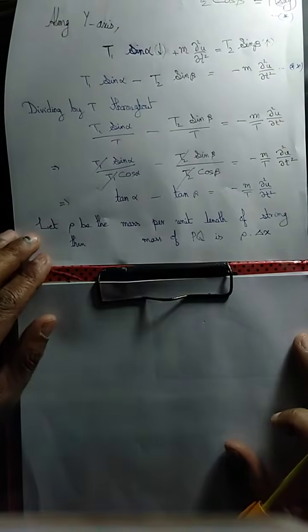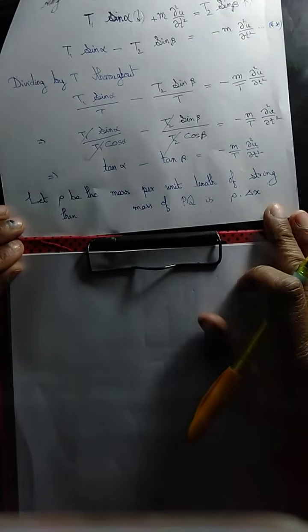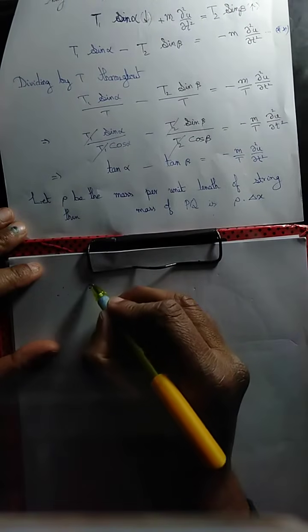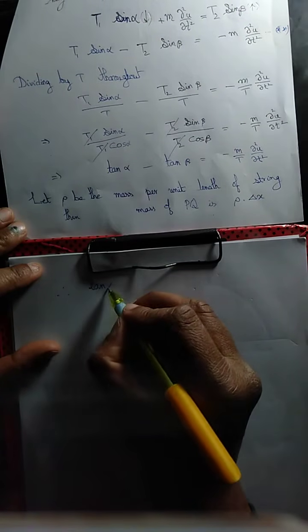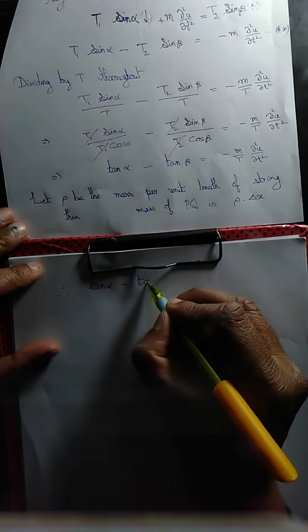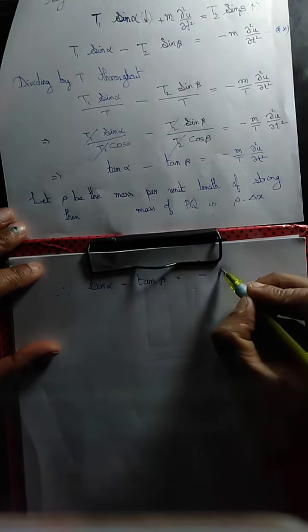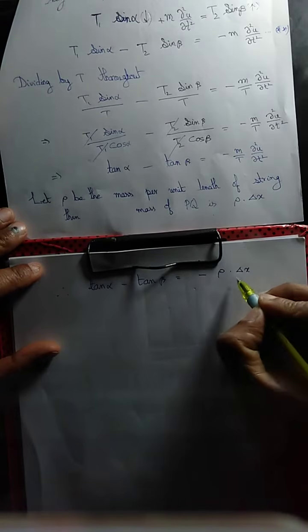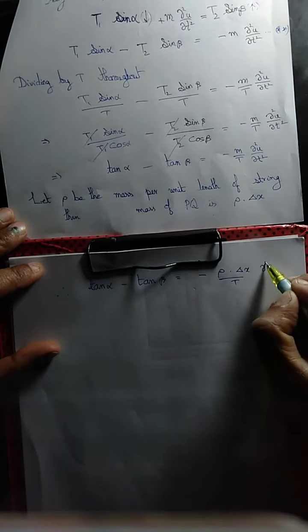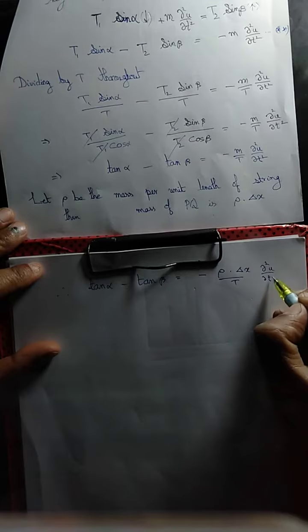So we can write this equation as tan alpha minus tan beta equal to minus rho into delta x by T del 2u del t square.